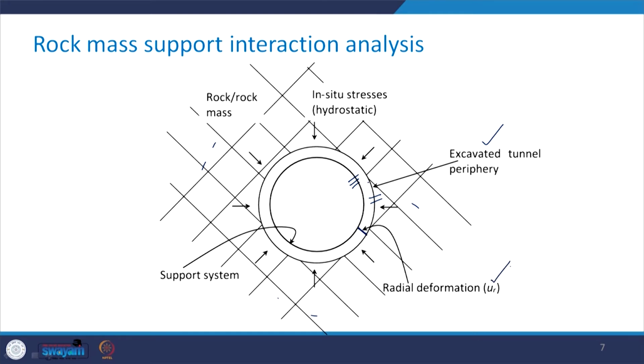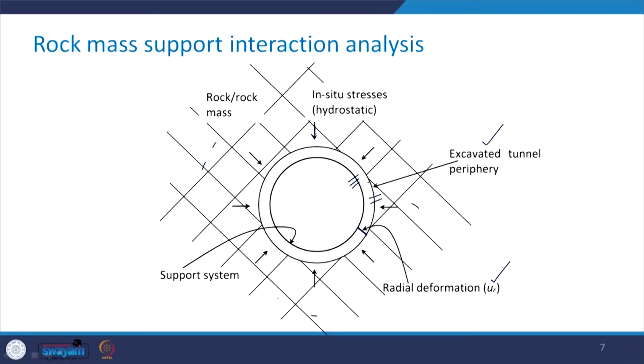And here a typical situation of hydrostatic in situ stress has been shown. That is, from all the direction you have the same stress. So, that is hydrostatic in situ stresses.